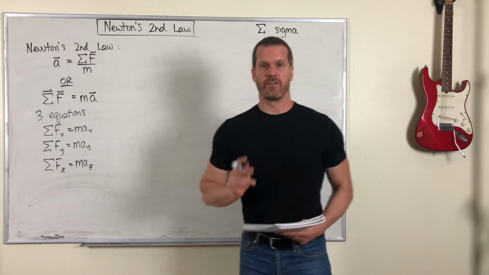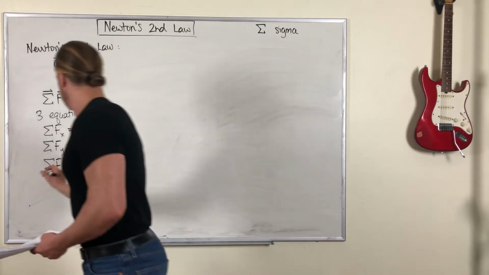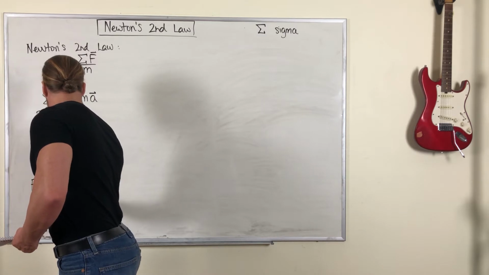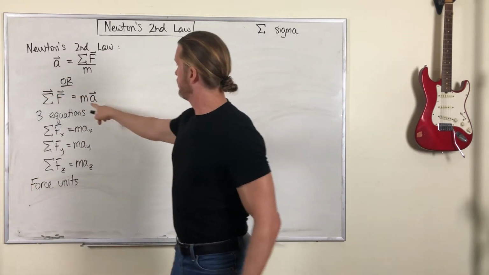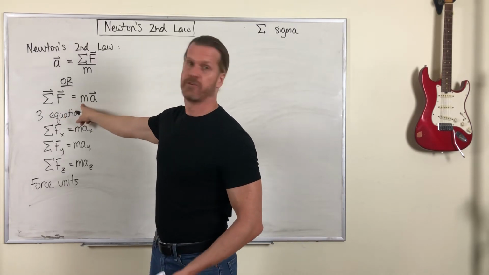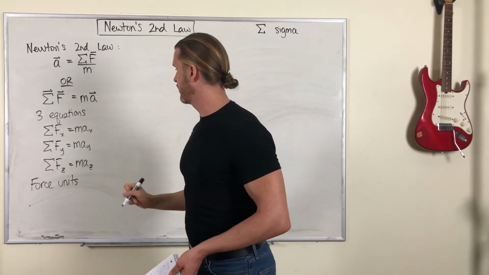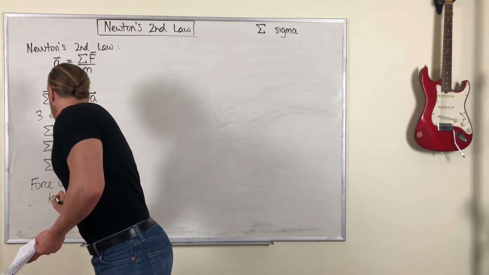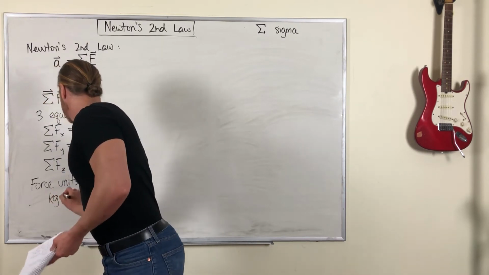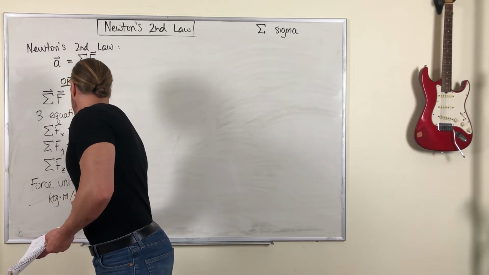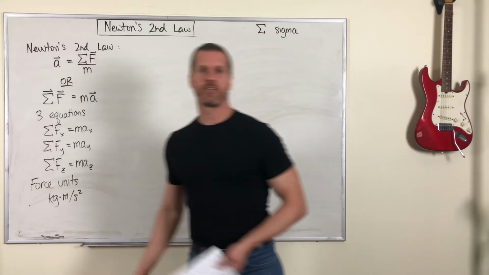Now, the units of force. You can kind of see from this equation that the units of force are units of mass times units of acceleration, which in our standard system of units would be kilograms times meters divided by seconds squared.